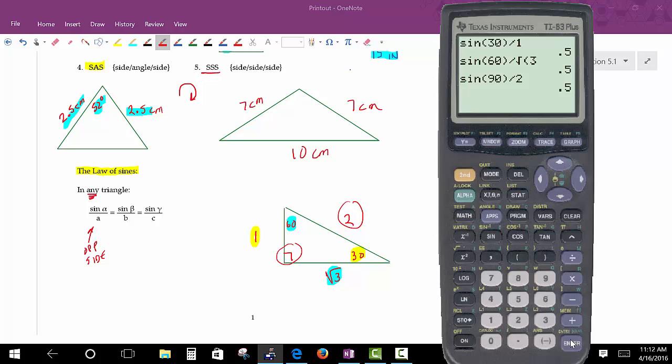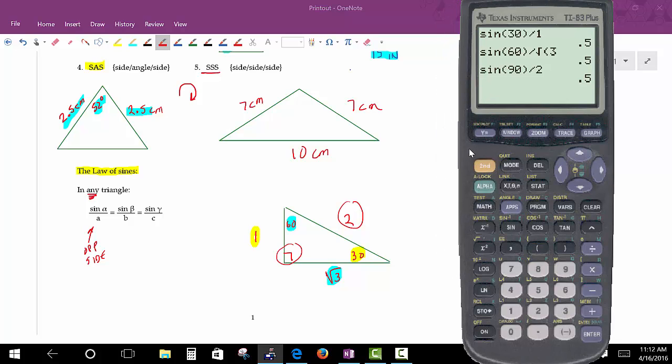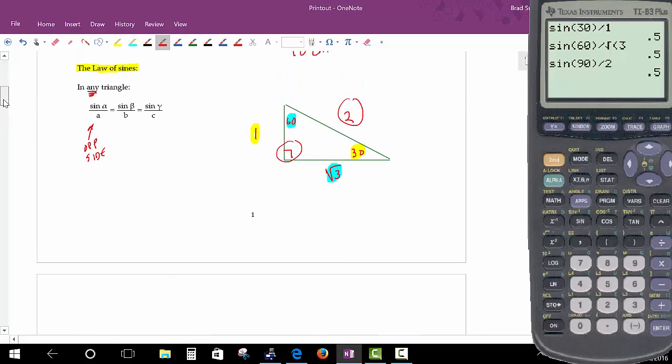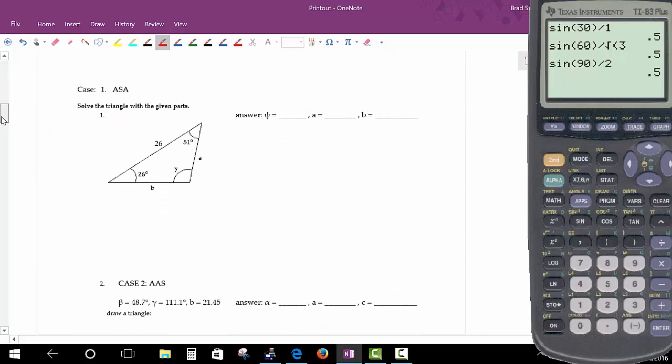So your calculator can be used with the law of sines to verify that all the angles and sides are correct, because every triangle that there is satisfies the condition of law of sines. So you can use this as a way to check and verify an answer to any triangle problem that you ever solve.